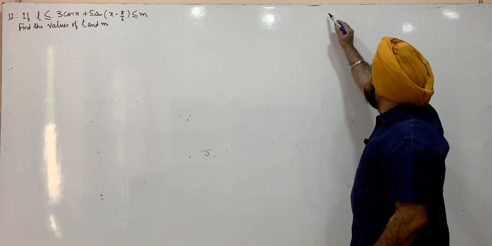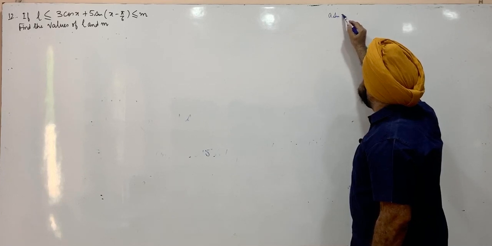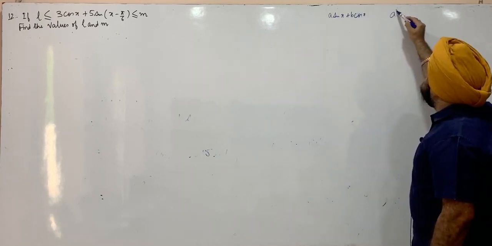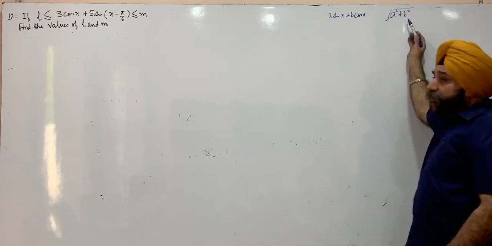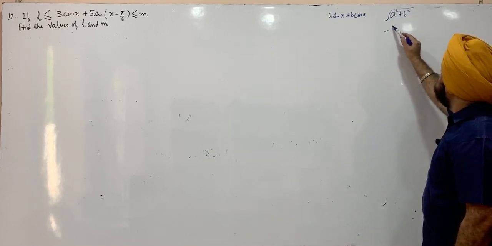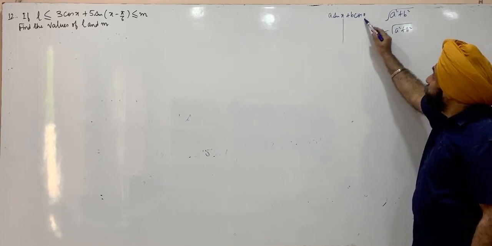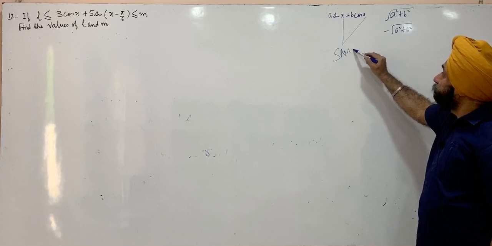We just learned that if we have a sin x plus b cos x as the expression, then we can say the maximum value is root of a square plus b square, the minimum value is minus root of a square plus b square, but x has to be the same.